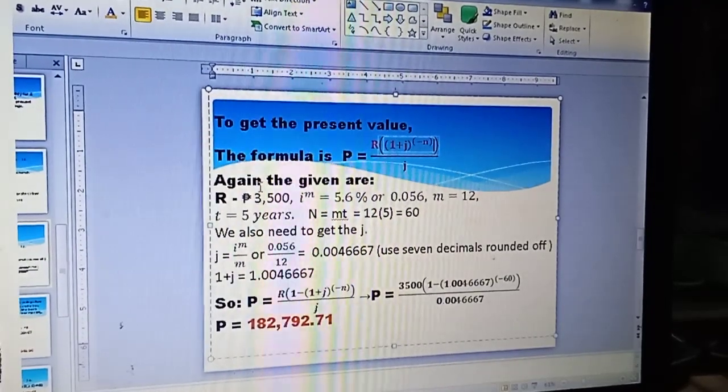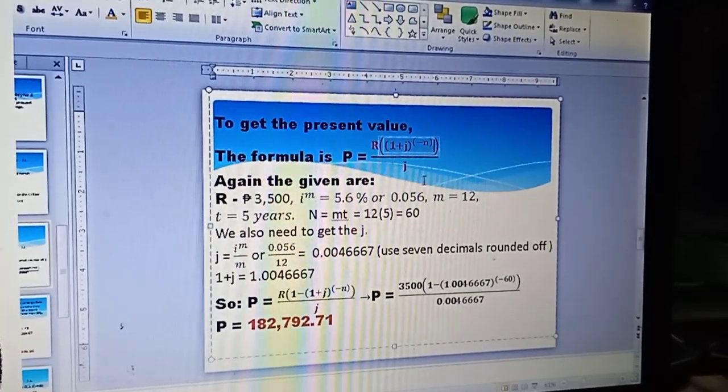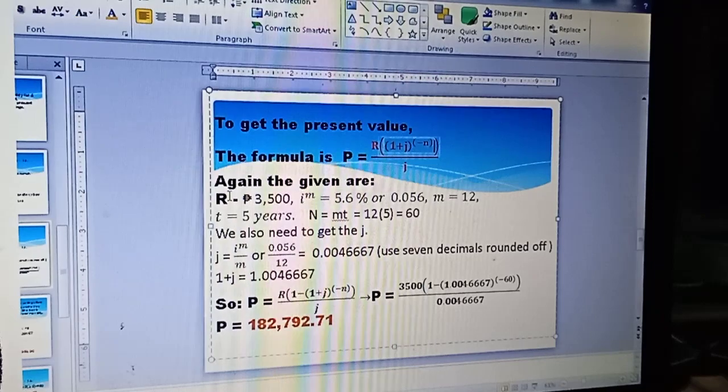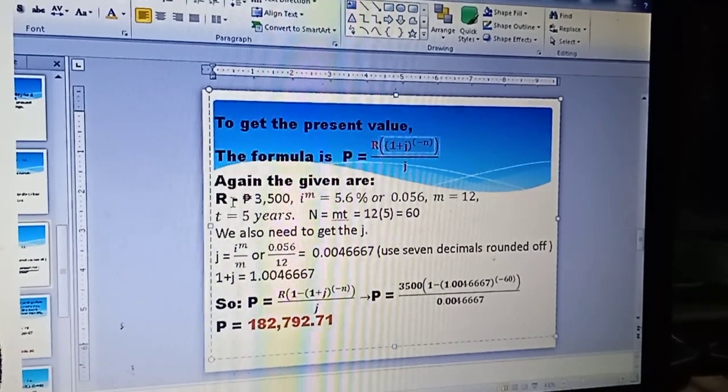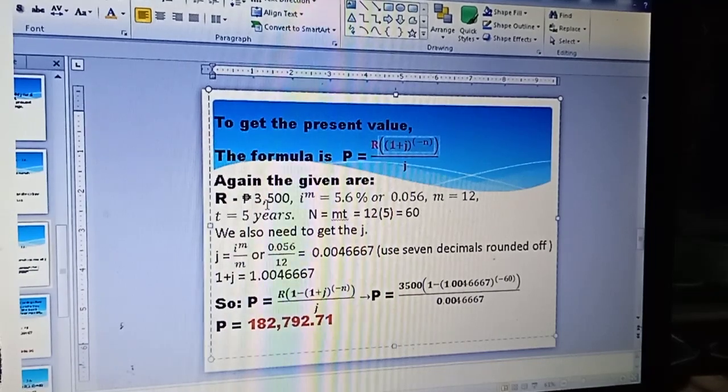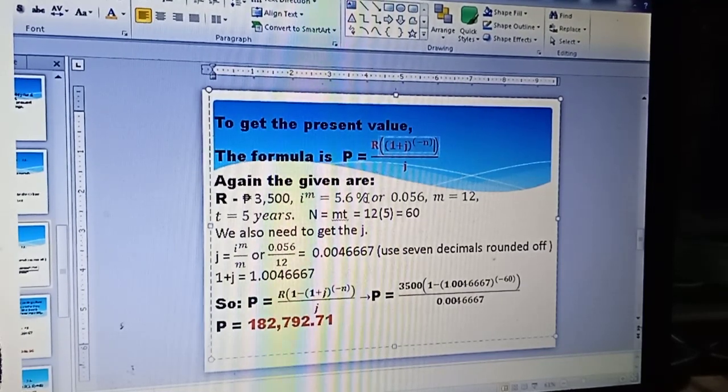Okay. So again, collect the given data. The R, or periodic payment, is 3,500. i sub m, or the nominal rate or annual rate, is 5.6%.